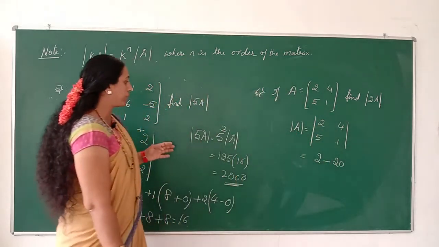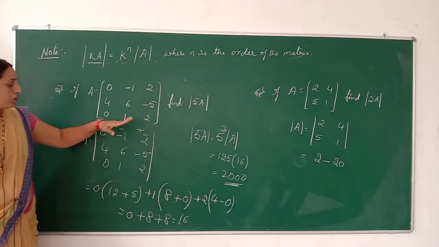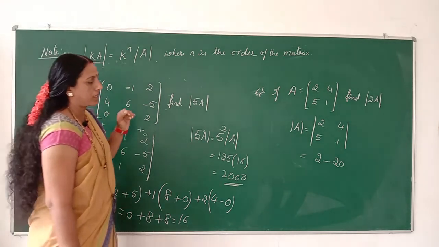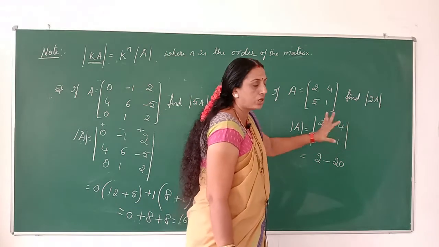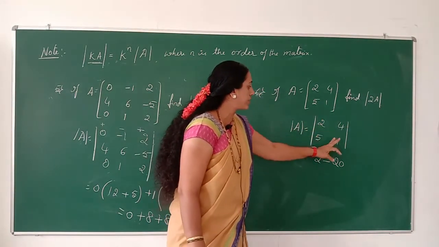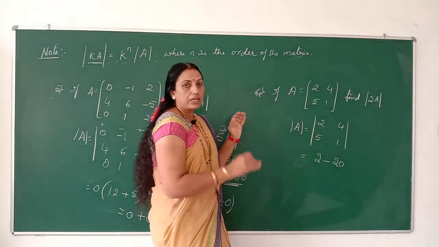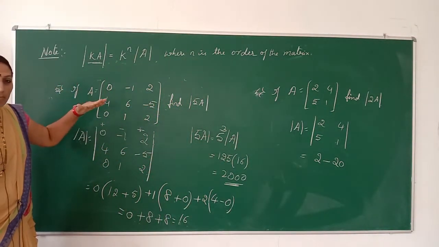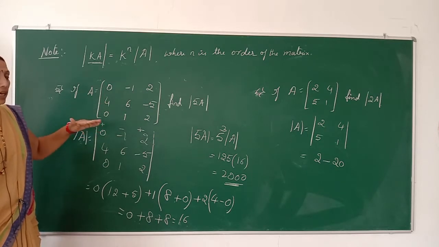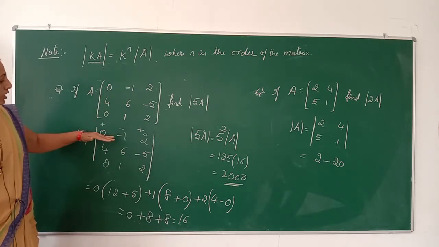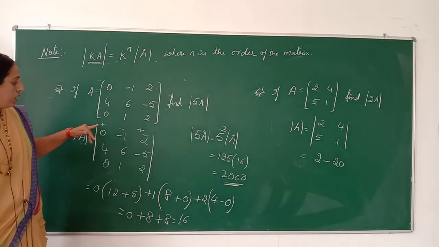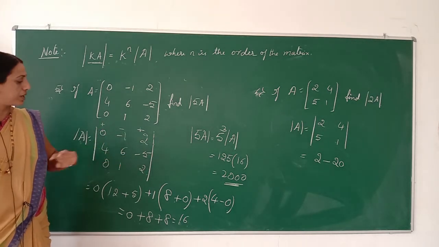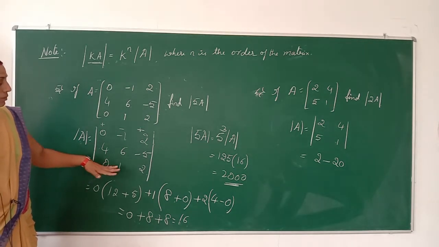So dear students, observe one point: only for 3 cross 3 matrices, the expansion is done using alternating signs, but it's not necessary in a 2 cross 2 matrix. In a 2 cross 2 matrix, we directly multiply the left diagonal and right diagonal, but in a 3 cross 3 matrix, first we apply the signs according to the row used in the expansion. Suppose we use the first row, the signs are plus minus plus; in the second row, minus plus minus; and in the third row, plus minus plus.